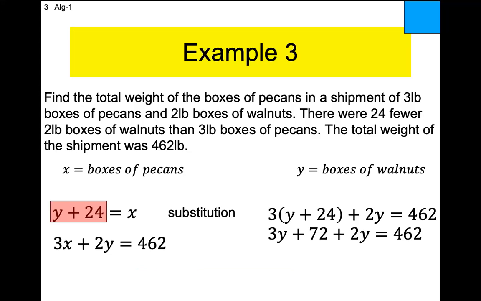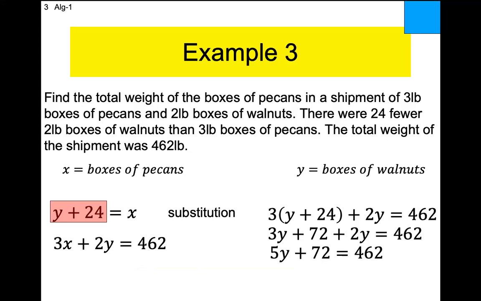The 3Y and 2Y. That gives you 5Y. Where did 5Y come from? 3Y and 2Y. Now it's just a 2-step equation, an ugly one, but could you solve this?